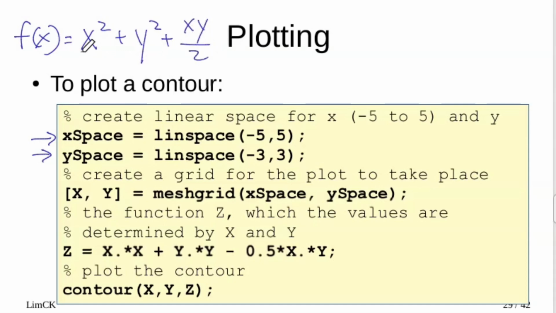This is the contour that I want to plot. For x, I define the range of negative 5 to 5, and y is in the range negative 3 to 3.